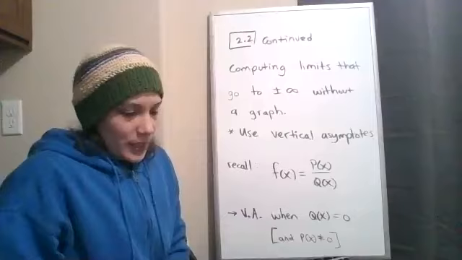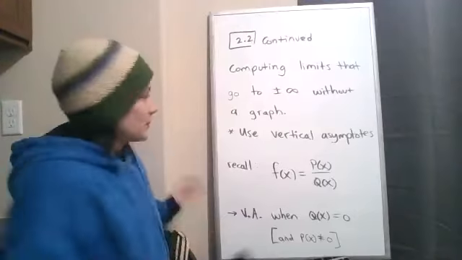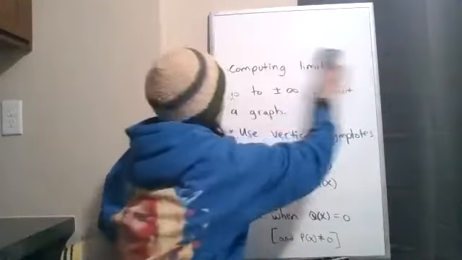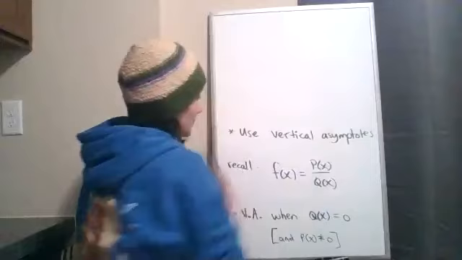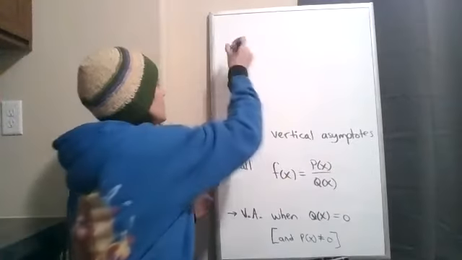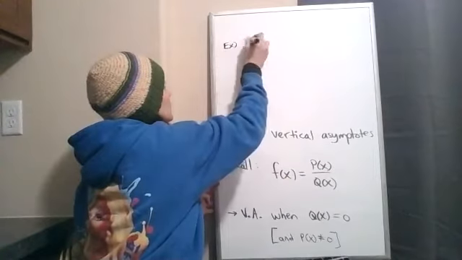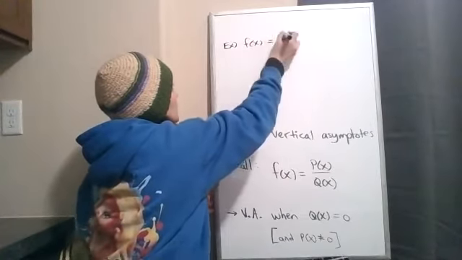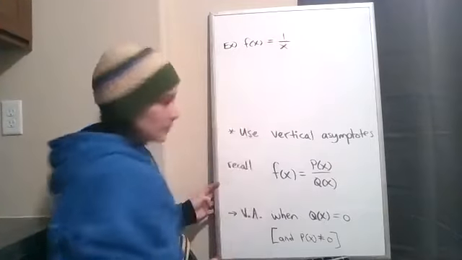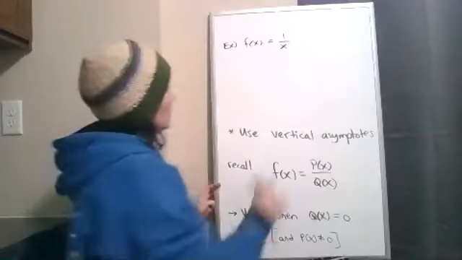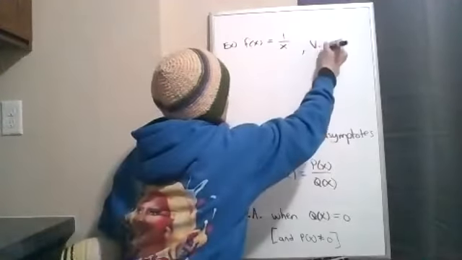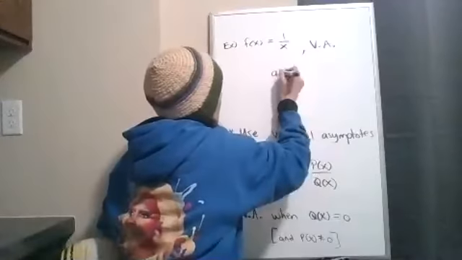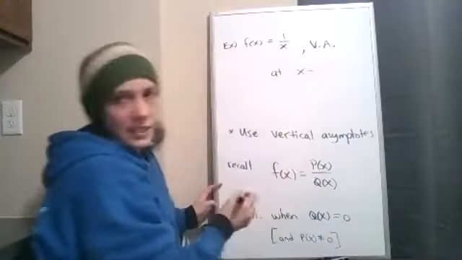Okay, first example, f of x equals 1 over x. Vertical asymptote at x equals 0.